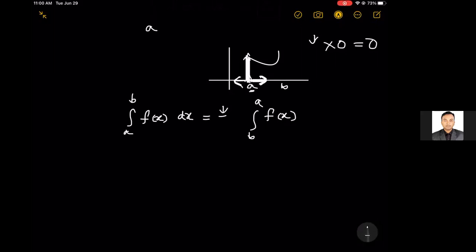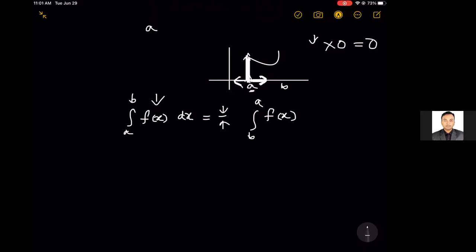If your function is integrable, of course, integration will give us the area. But if you do it in a reversed order, let's say not from A to B, from B to A, this will give you the same area, but again, with a negative sign assigned to it. Can you imagine why?